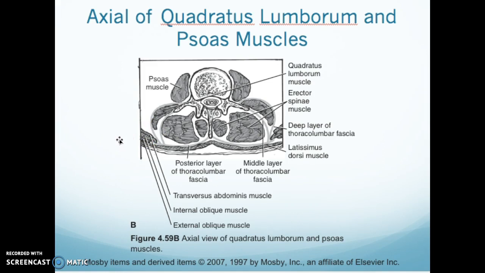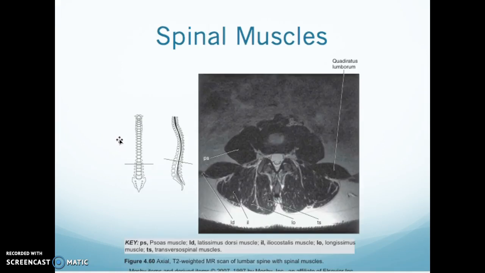So you can see the different layers on MRI. So quadratus lumborum, you have your psoas muscles, and you have your transversospinalis muscles and your longissimus muscle and iliocostalis muscle, and we're going to come out here to your latissimus dorsi.